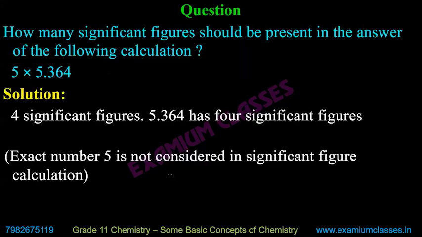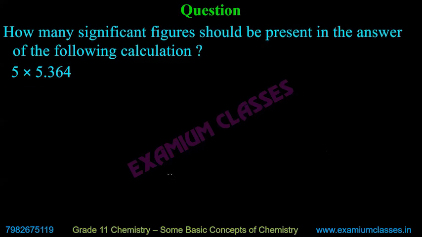Now I'm coming back to this question. Now in such questions, I'm not saying that this 5 is something you will consider as infinite significant figures or as one significant figure. In calculations, if you have exact numbers, these are not included in the calculation of significant figures. I am repeating it. I am not saying whether 5 will count as infinite significant figures or just one significant figure.